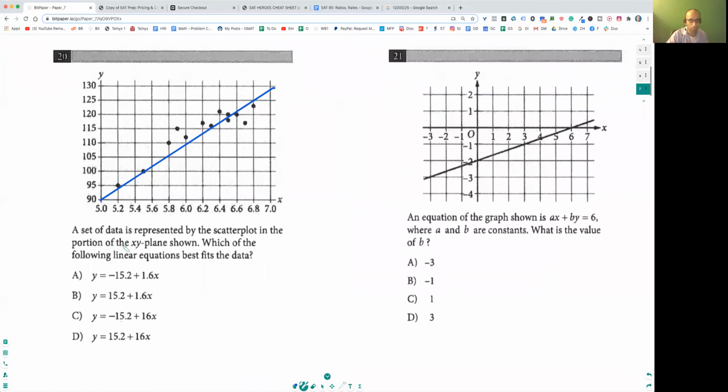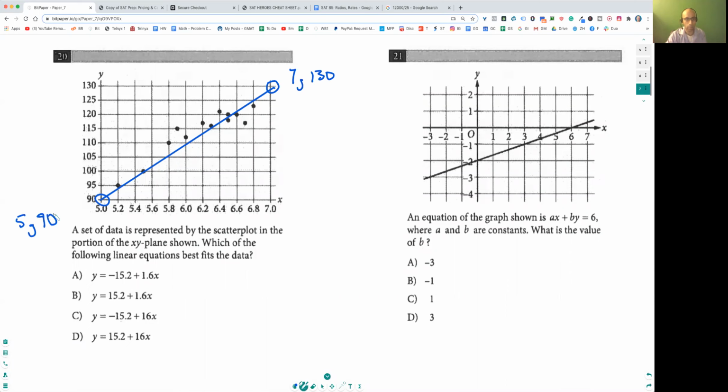You can take any 2 points here. Maybe take this point and this point. It should be very approximate. So what do you think is the slope? This is 7, 130, and the other one is 5, 90, very roughly.